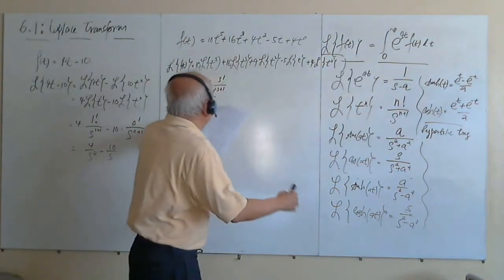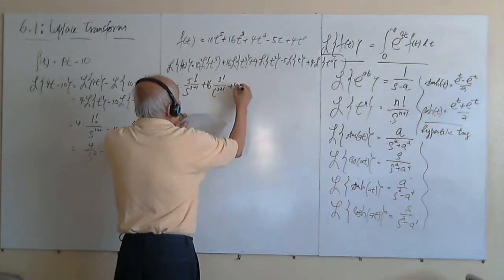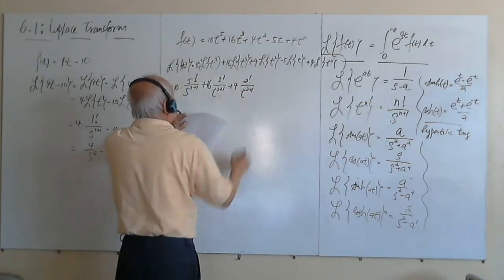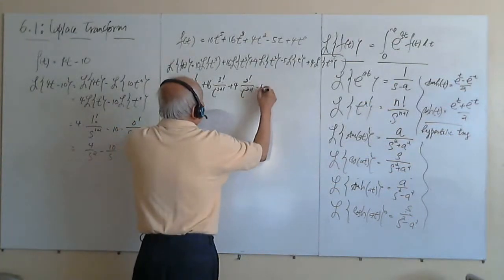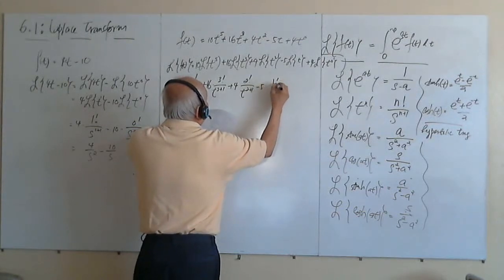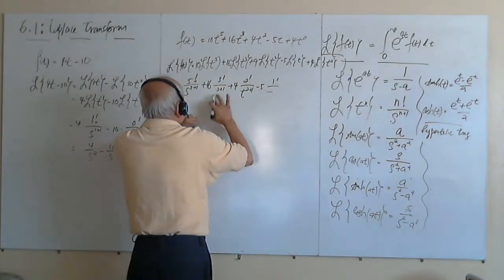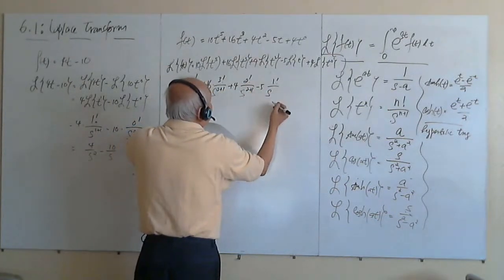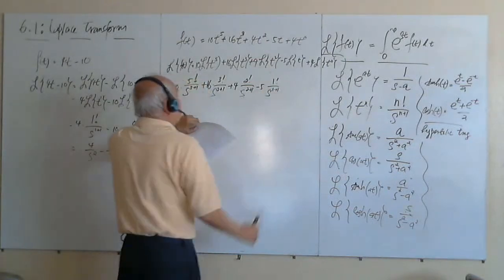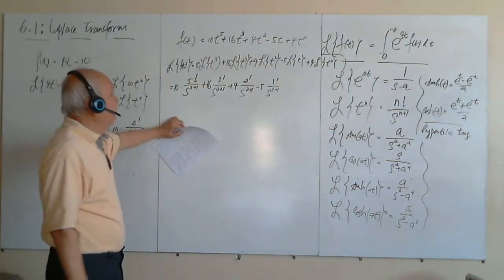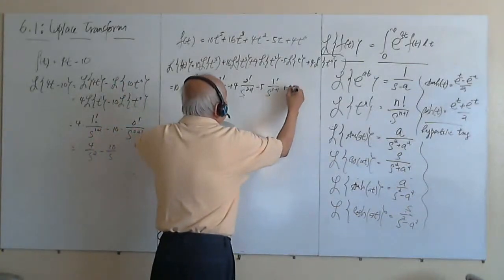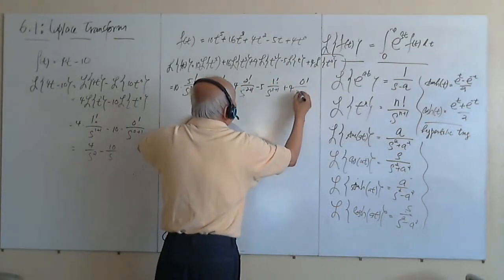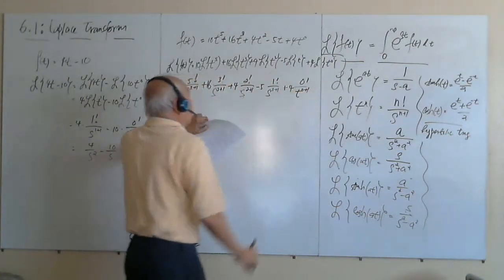The next one is 4 times 2 factorial over s to the 2 plus 1. Then minus 5 times 1 factorial. Sorry, this one is s. This one should be s to the 1 plus 1. And then plus 4 times 0 factorial over s to the 0 plus 1.